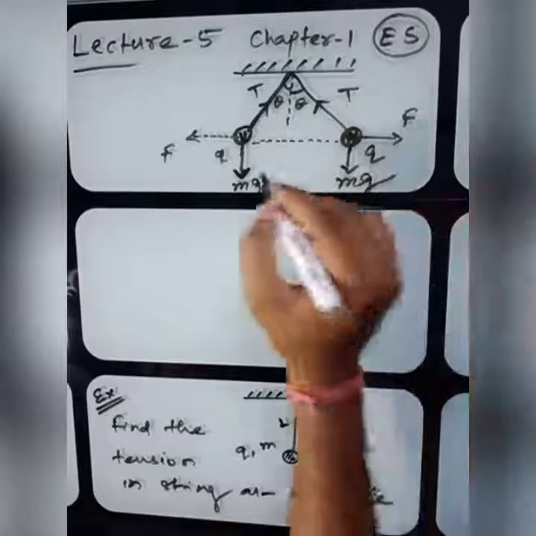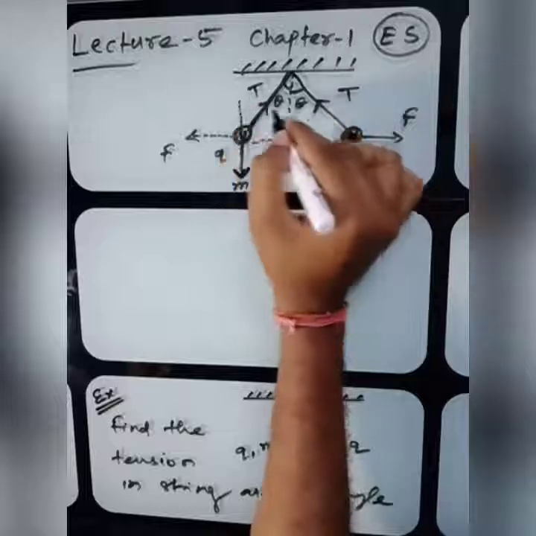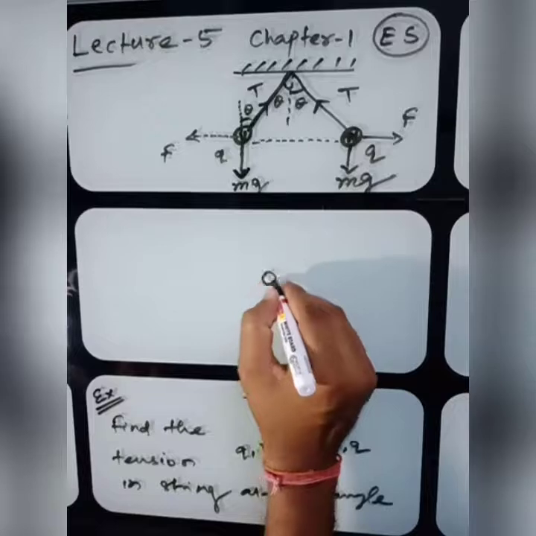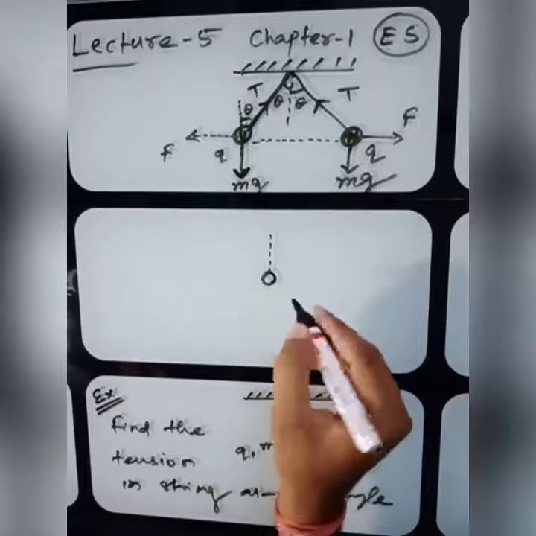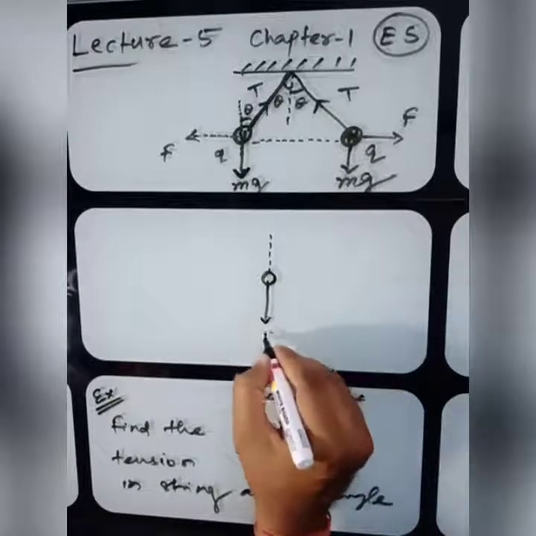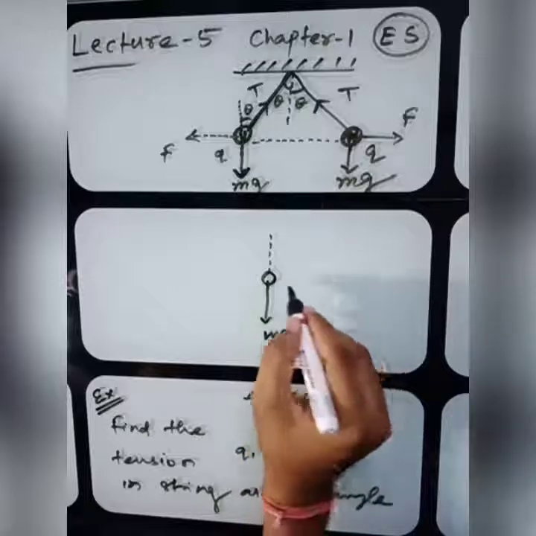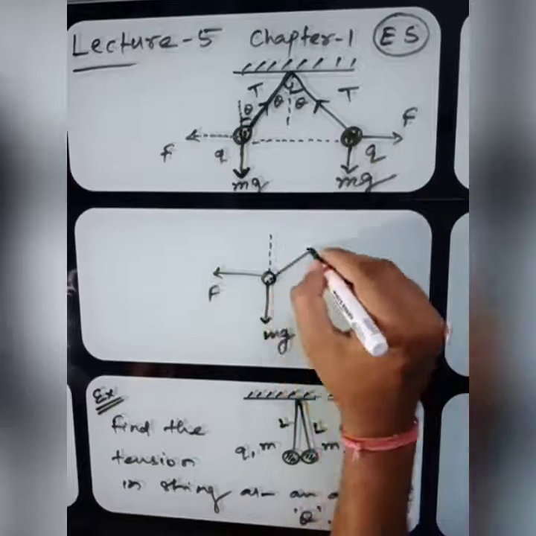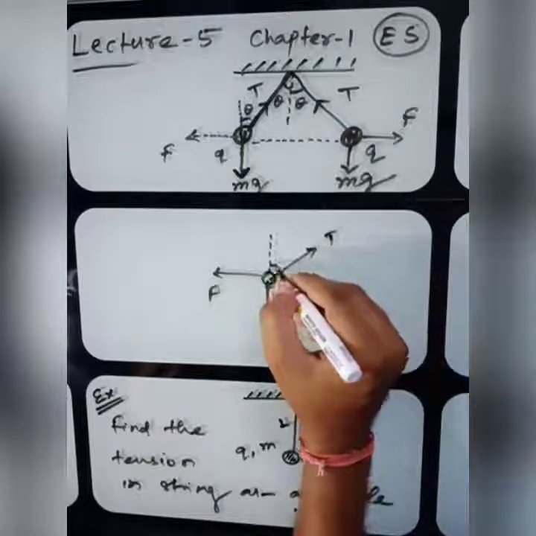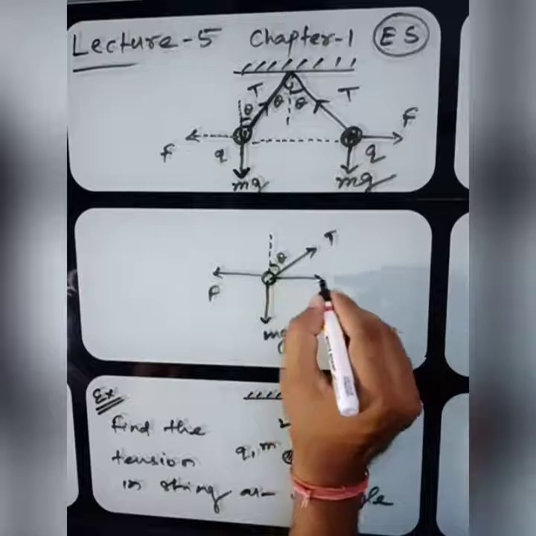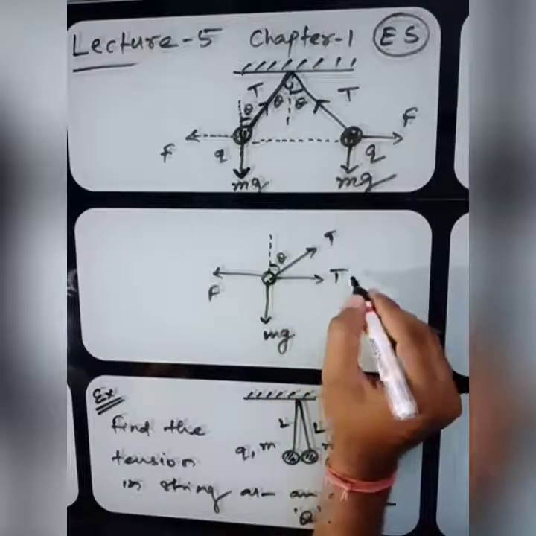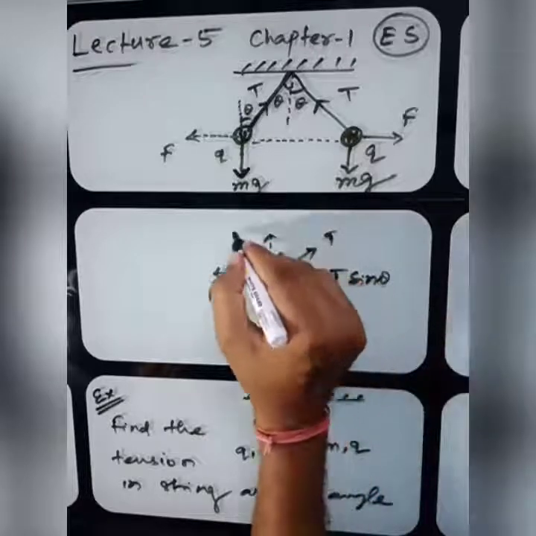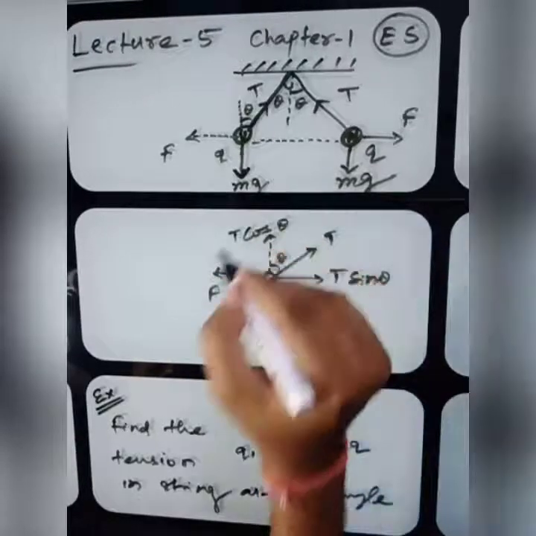Now, if this is angle theta, then this is also theta. Try to draw the free body diagram. This is mg, this is the electrostatic force, and this is the tension T at angle theta. Tension T will have two components, T sine theta and T cos theta.